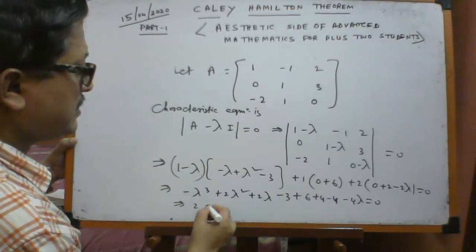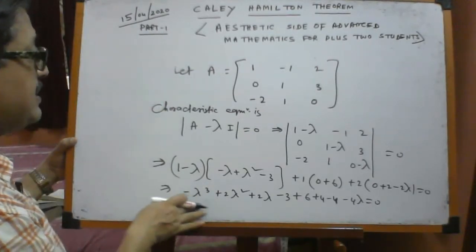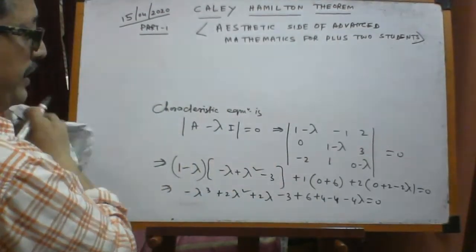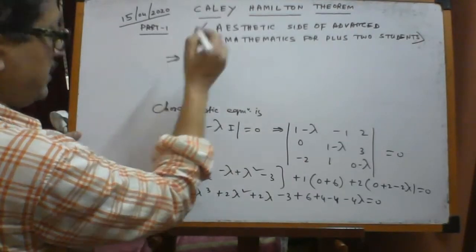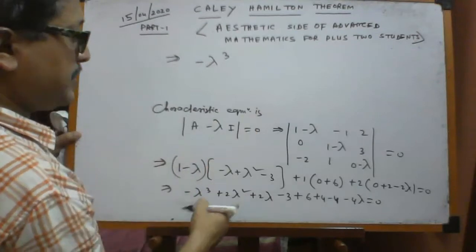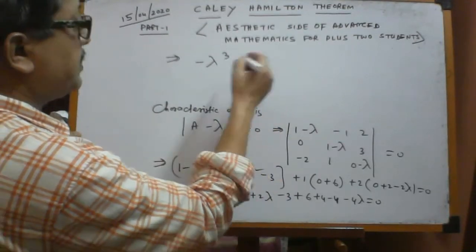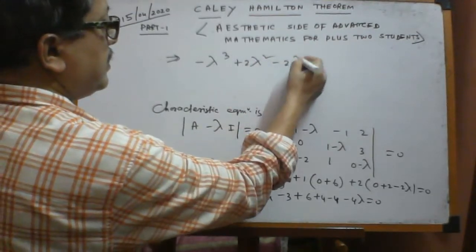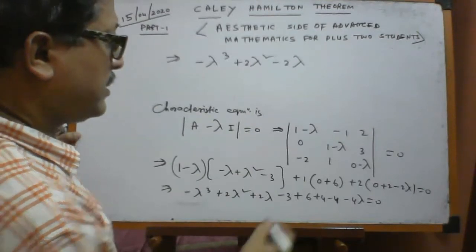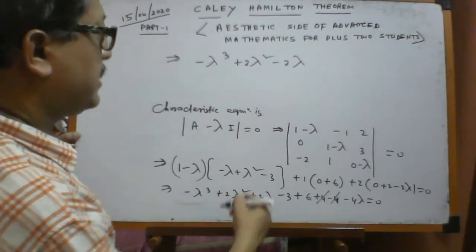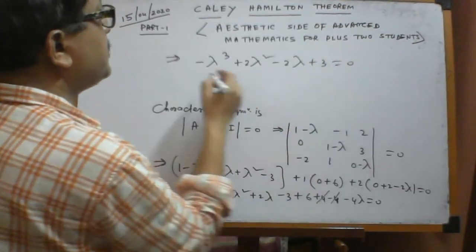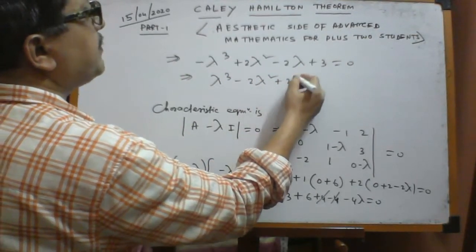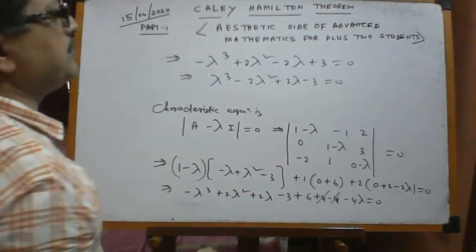This will give us, if I simplify it, then finally it gives us minus lambda cube plus 2 lambda square minus 2 lambda plus 3 equal to 0, or lambda cube minus 2 lambda square plus 2 lambda minus 3 equal to 0.